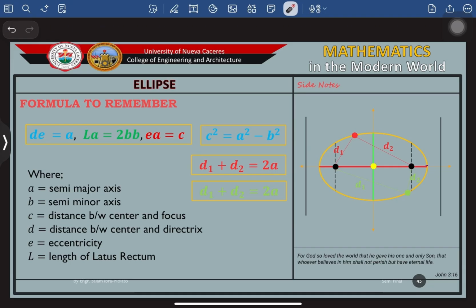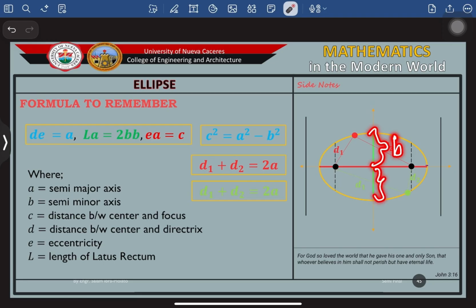Where A here is the semi-major axis. So this is the semi-major axis. B is the semi-minor axis. This is the second axis, which is shorter than the major axis.